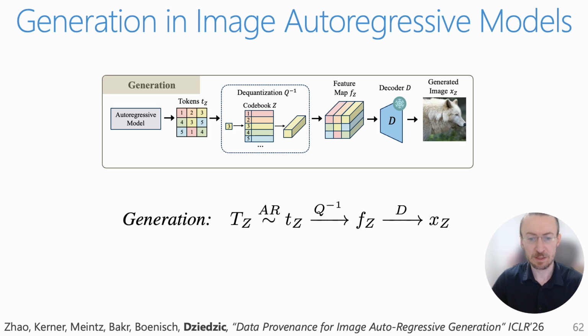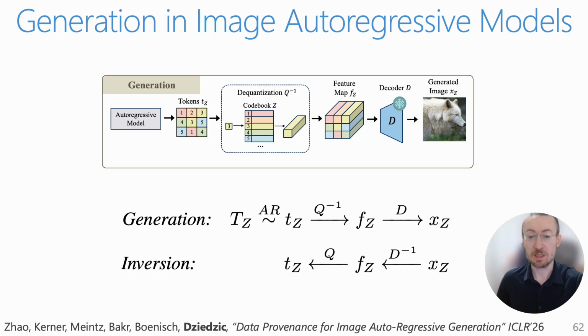Q to the power of minus 1 is the inverse of quantization, meaning that for each token expressed as an index, we expand this token to the codebook representation, a long vector of float values. For each token, these vectors form our feature map, and we decode this internal representation, the latent space, using convolutional layers into the pixel space generated image x sub z.